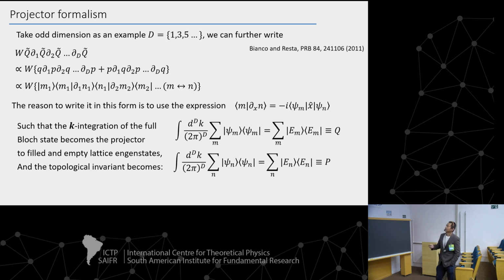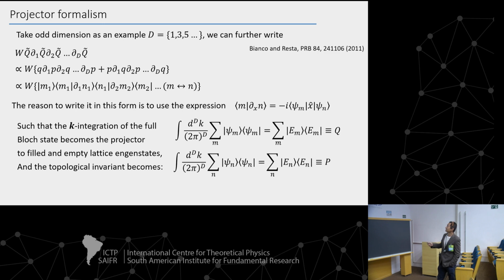Yeah, and together with the fact that you have a momentum integration in the front, you're going to get a lot of things that look like a momentum integration of your full valence band state. Then, if you want to translate it to the language of a lattice model, this is nothing but a summation of all the positive eigenenergy states.